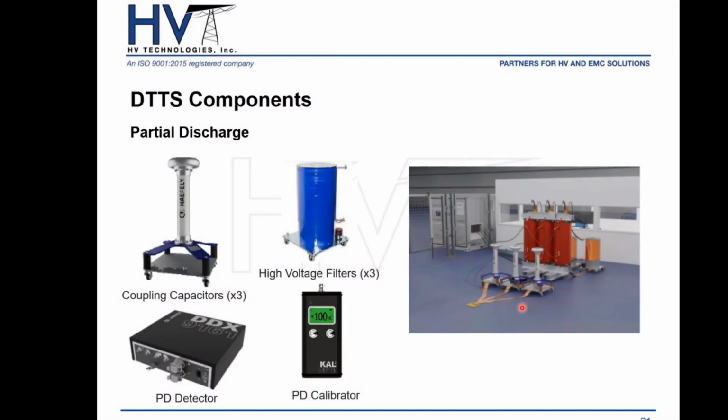Also optional, but can be easily integrated with the DTTS, are components for partial discharge. We can supply your coupling capacitors and high voltage filters for each winding, with a PD detector and PD calibrator, again, that you can optionally have integrated into the DTTS and which will also feed into the application software.